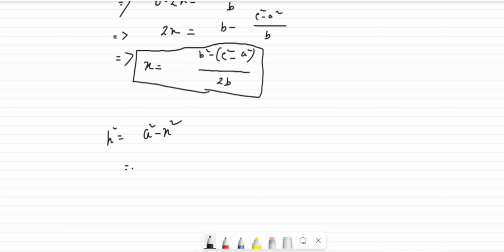So we can write A square minus X square, what will happen here? A square minus B square minus C square minus A square whole square by 4B square, right?